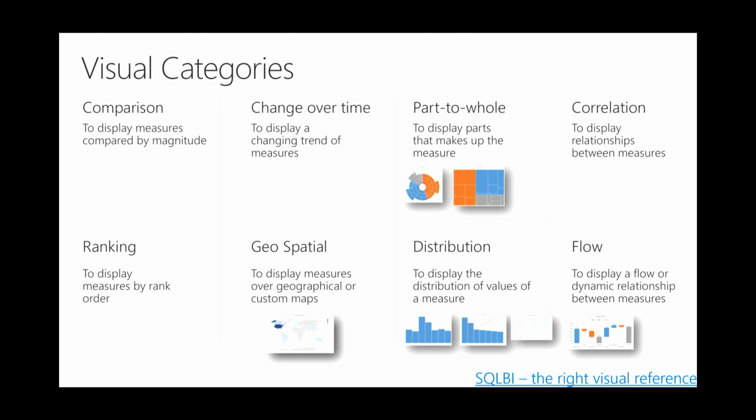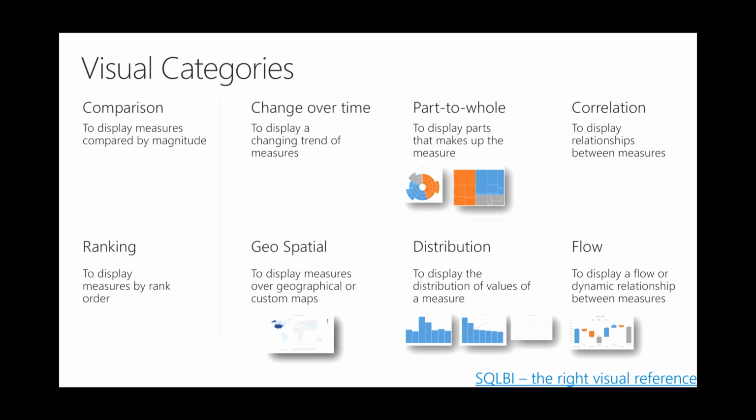So there's a couple different ways you could think about grouping the types of visualizations that are useful in a business setting. This set of categorizations offered up by SQL PBI is a way of thinking analytically about how we could use these different visualization types. So we've already covered categories in the past, like comparing things, which you can do with column charts, stacked bar charts, visualizing change over time, which line charts are really good for, ranking and correlations as well.